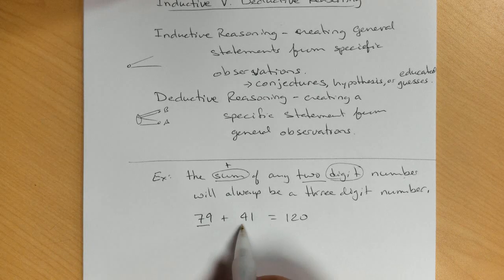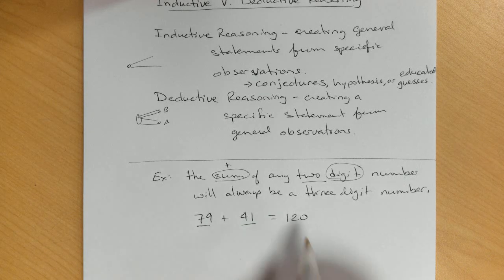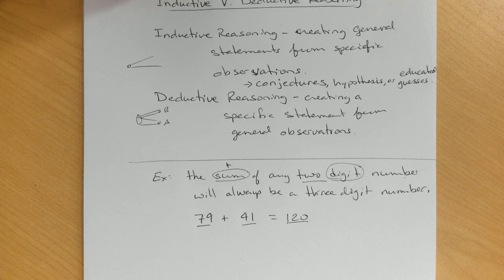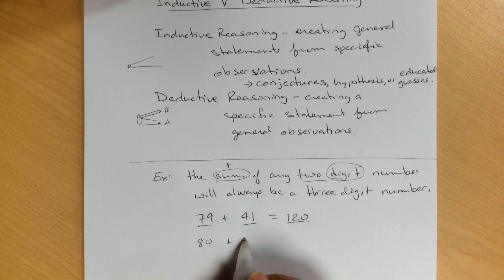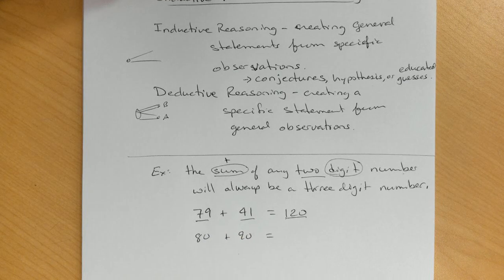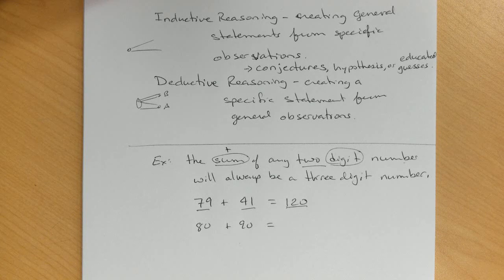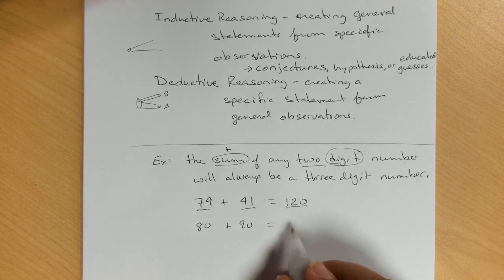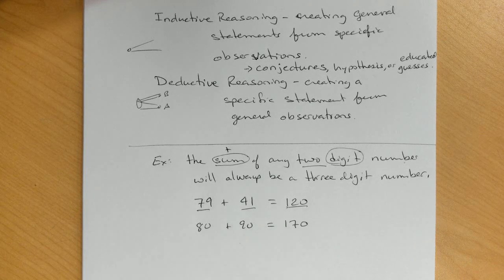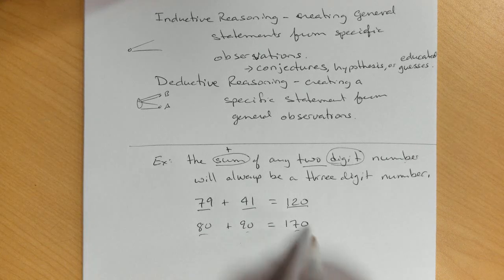So I have the sum of two 2-digit numbers equals a 3-digit number. 80 plus 90? 170. Okay, the sum of 2 digits.